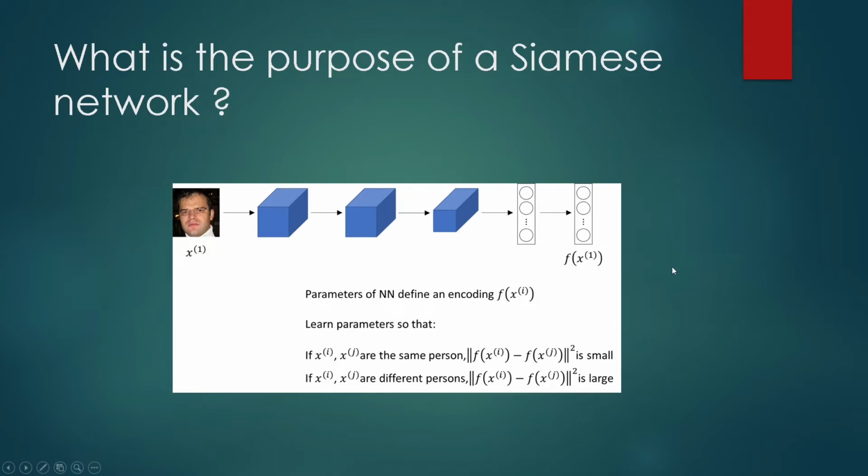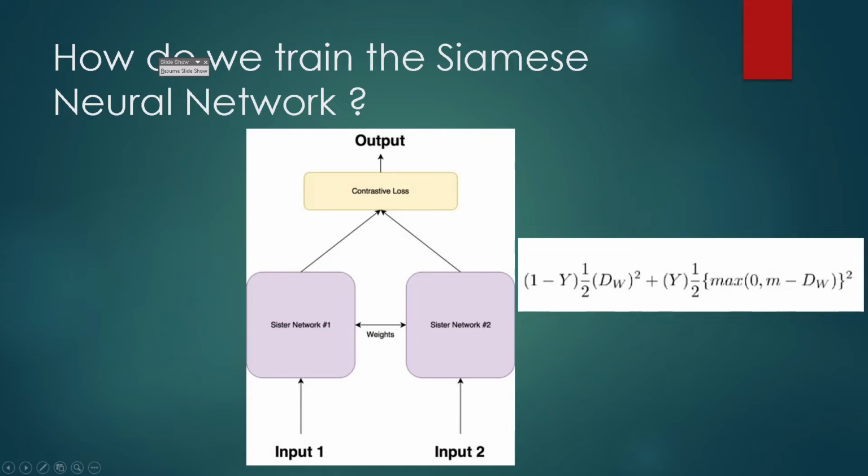Let's look at the architecture here of how the network works. We have two images, input 1 and input 2, and we have two identical neural networks, so we will call them sister network 1 and sister network 2, and they have the same weights. The last layer of the neural network is fed into a contrastive loss function, which calculates the similarity between the two images.